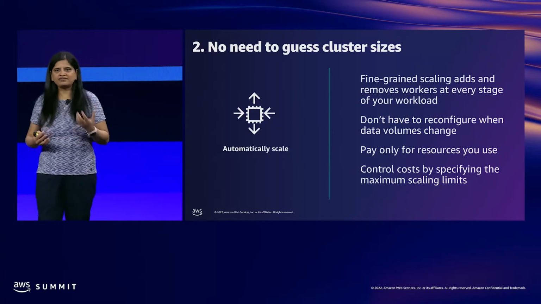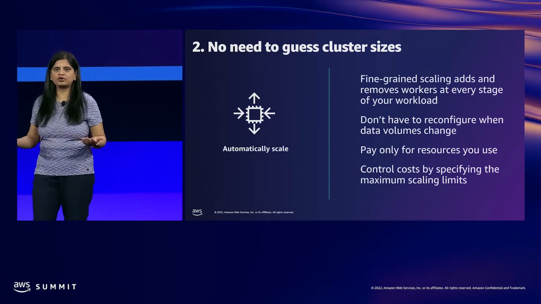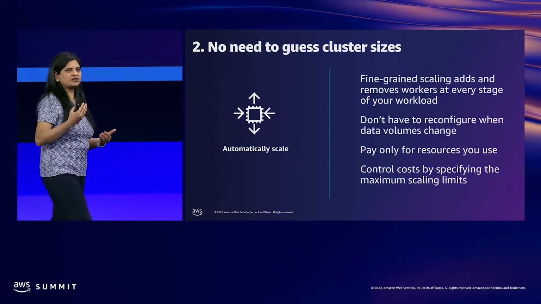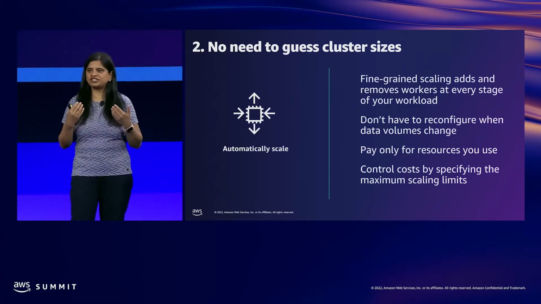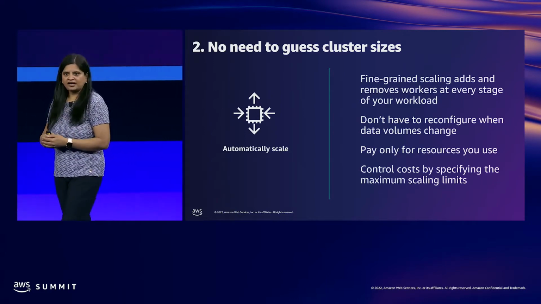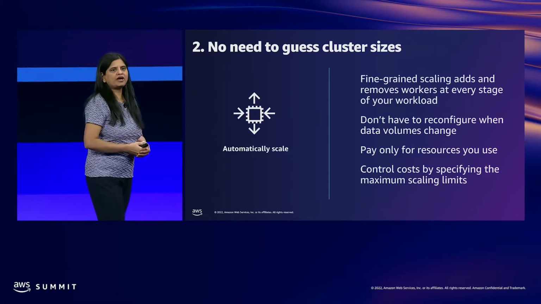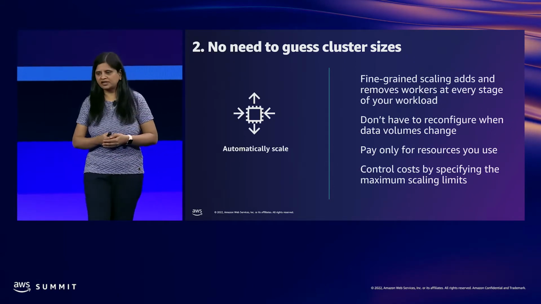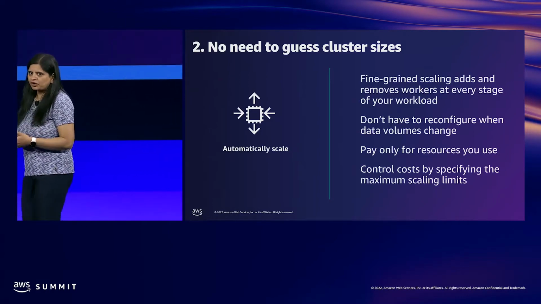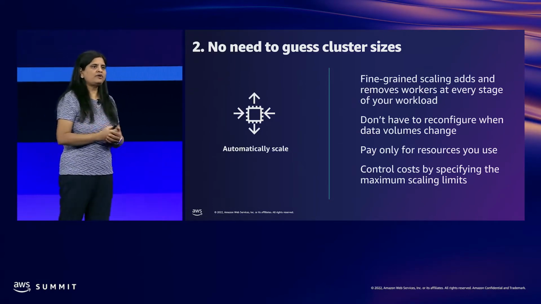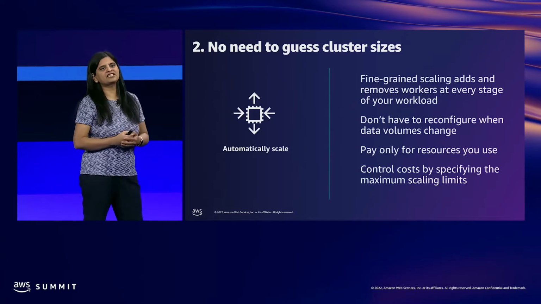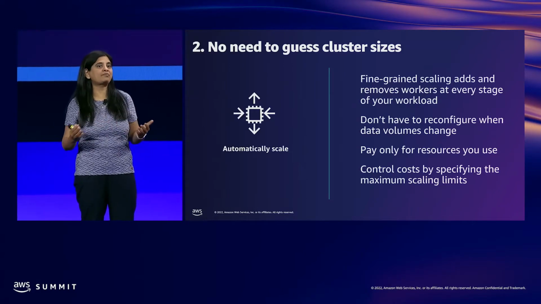You might have a very spiky workload, you might have a steady workload. Your EMR Serverless workers will launch and decommission depending upon your job characteristics. And you're doing this only while paying for the resources that you use. If you're concerned about costs, you can always specify the maximum number of resources that you want your application to use.